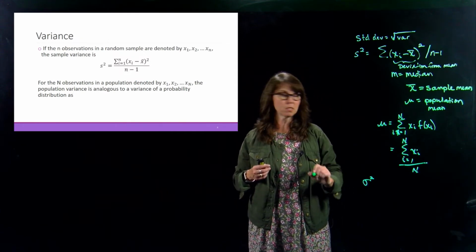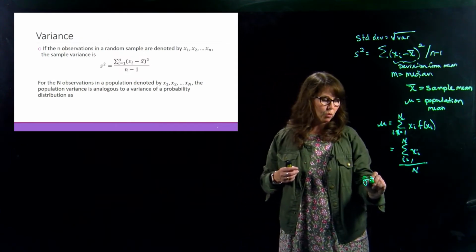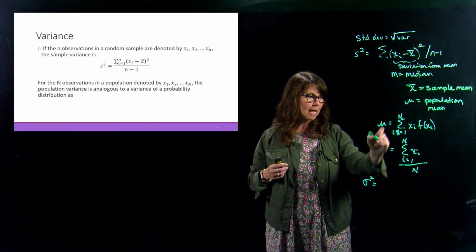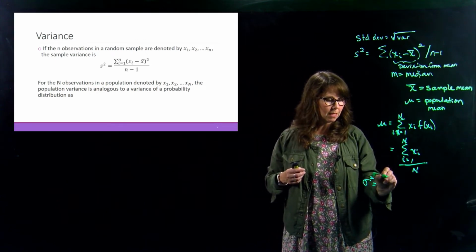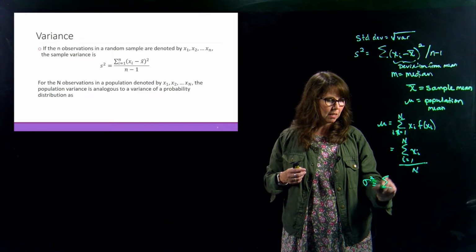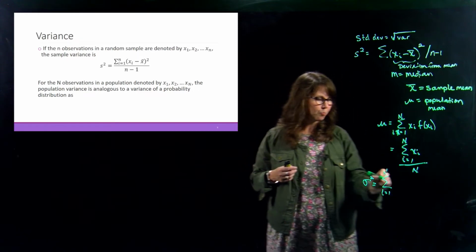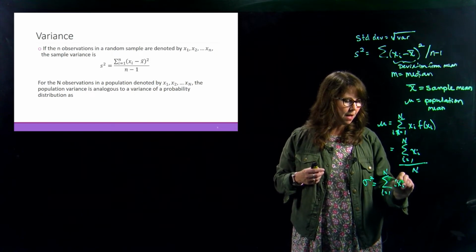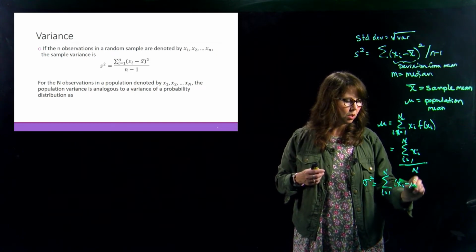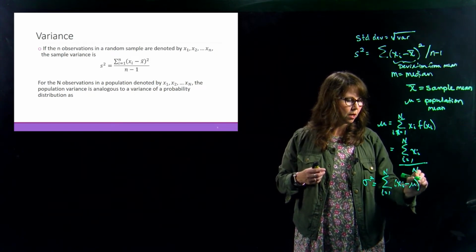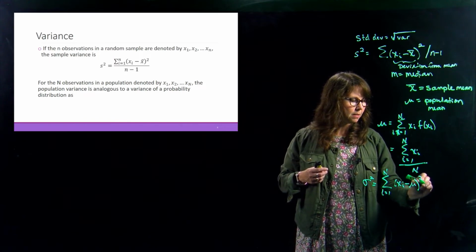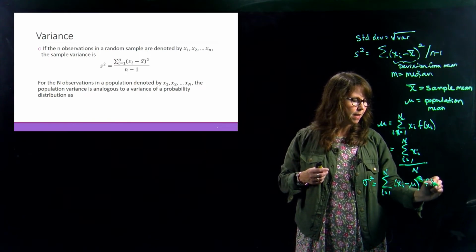So you've seen sigma squared before at this point. And if you want to think about it probabilistically again, like we did with the sample mean or the population mean, the sum from i equals 1 to capital N of x sub i minus mu squared times f of x sub i.